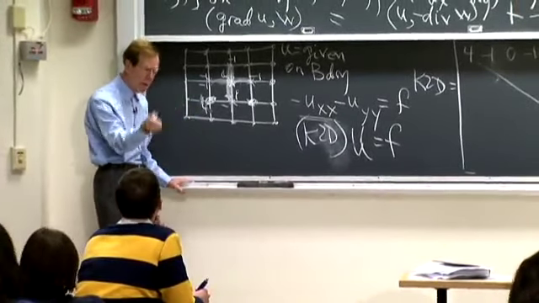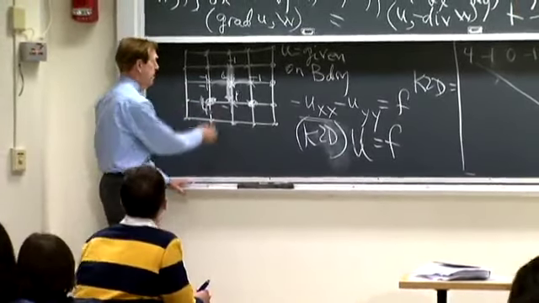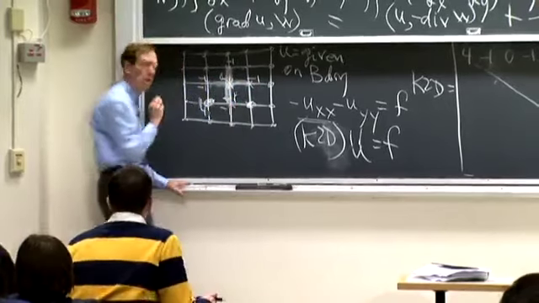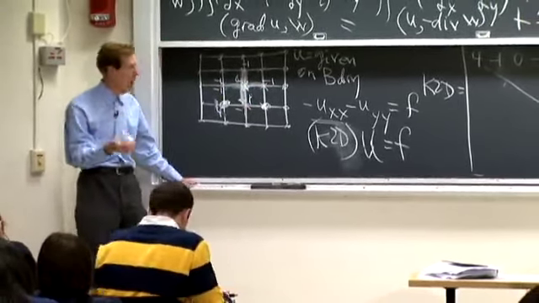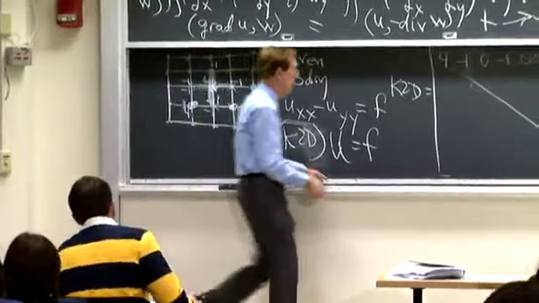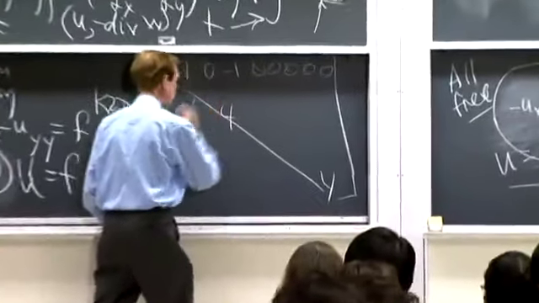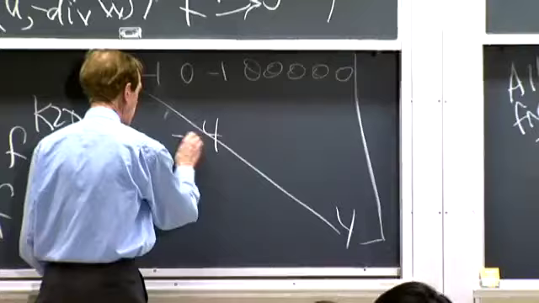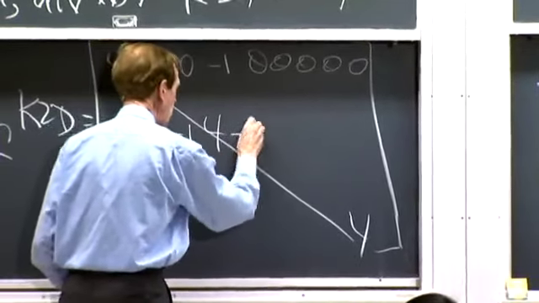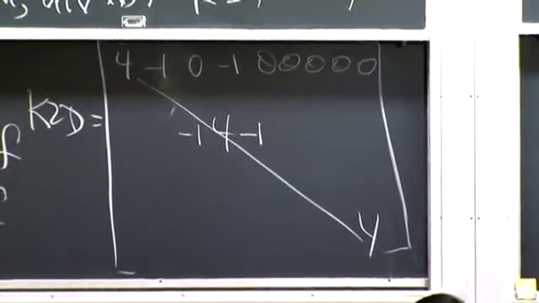And I just have a -1 for its neighbors. And this guy has all 4 neighbors. They're all alive and well. So this is the fifth row. There's somebody right next door on the left, somebody right next door on the right.